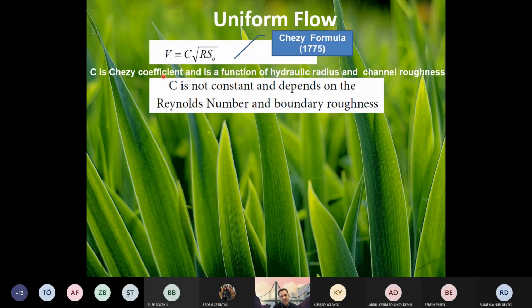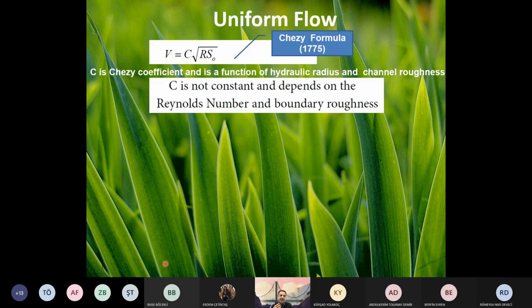C is called the Chezy coefficient and is a function of hydraulic radius and channel roughness. Yes, I said characteristics of a channel, and here we say it is channel roughness. It depends on the type of channel or type of canal.